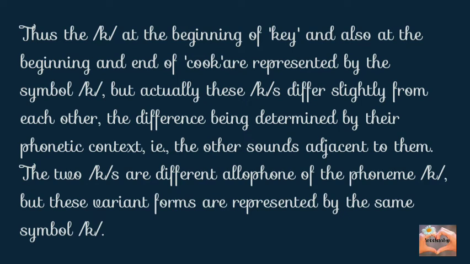But actually, these k's differ slightly from each other, the difference being determined by their phonetic context, that is, the other sounds adjacent to them. The two k's are different allophones of the phoneme k, but these variant forms are represented by the same symbol.